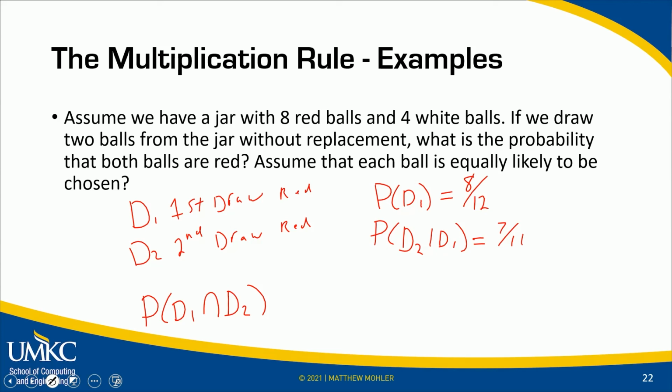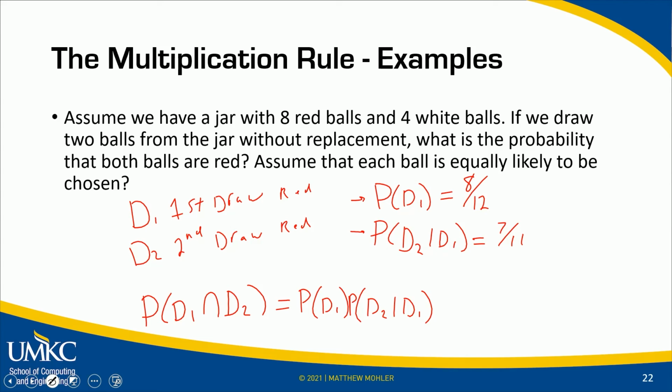Now, it's convenient that we landed with these two equations because, as you may recall, the probability of two intersected events is equal to the probability of either event, in this case the probability of D1, multiplied by the conditional probability given that event, so the probability of D2 given D1. And we have both of those factors.